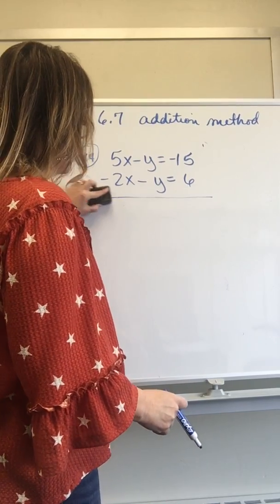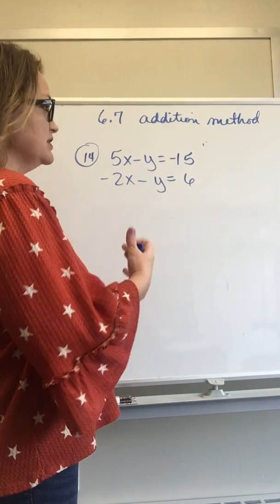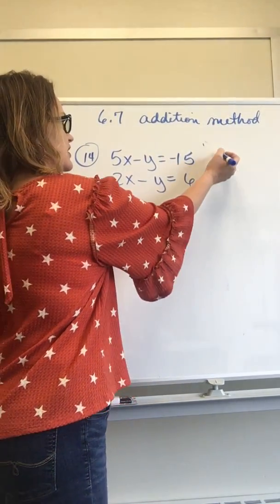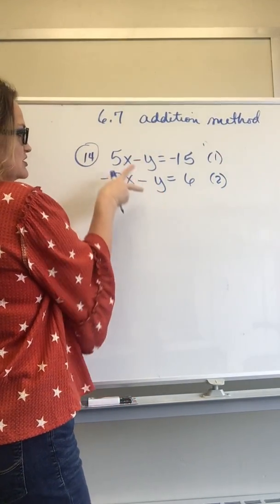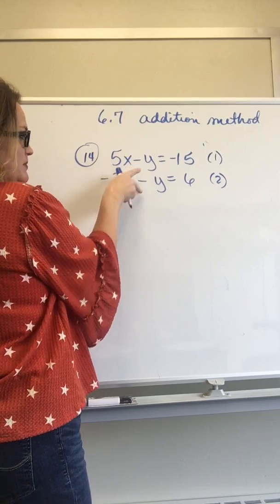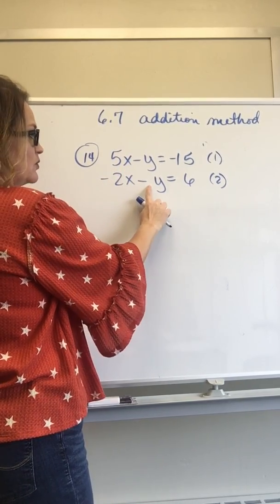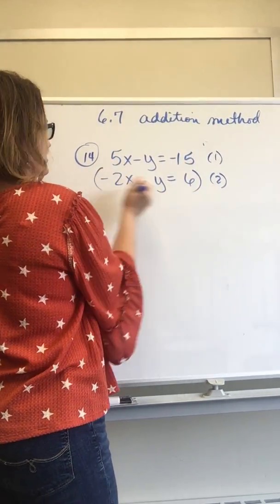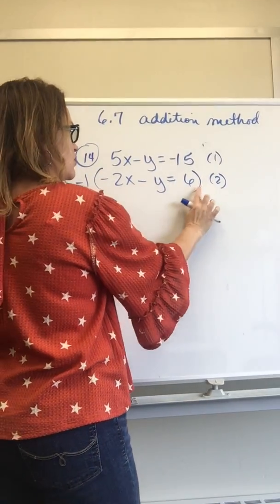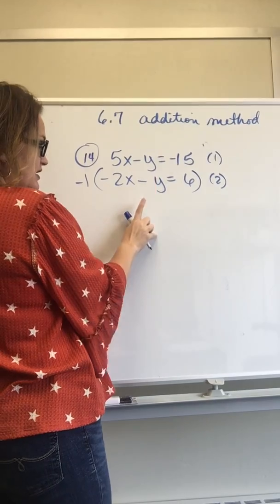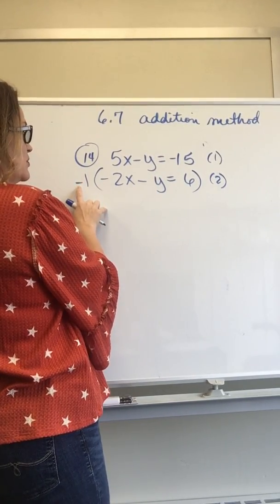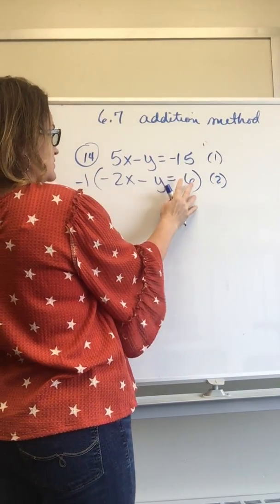So it doesn't naturally work, but I can manipulate one of the equations, and we do have equation 1, equation 2. So you can manipulate these equations to make these be opposites. Like, for example, equation 2, I could take a negative 1 and multiply it across, or just change all the signs. Now again, whatever you do to an equation, you have to do it to all parts, or both sides.